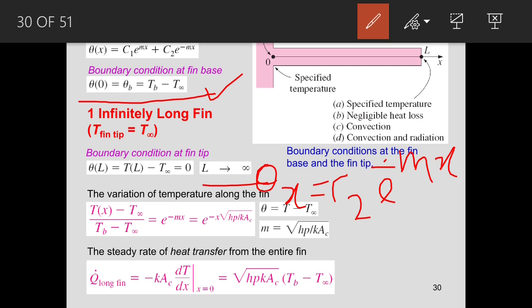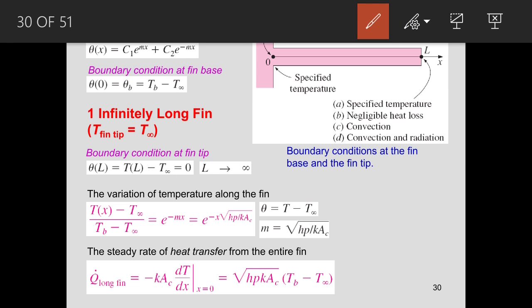If you substitute x equal to 0, then e raised to mx is 1, and theta at 0 we already found is Tb minus T infinity. From that we find the arbitrary constant c2 as Tb minus T infinity.